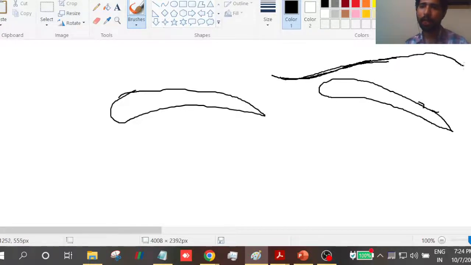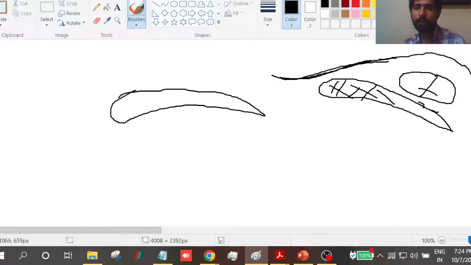So what happens is that because of this no flow region here, a low pressure region is formed, because of which sufficient lift is not obtained by this airfoil. After a certain angle of attack, the lift decreases, which you might have studied also.